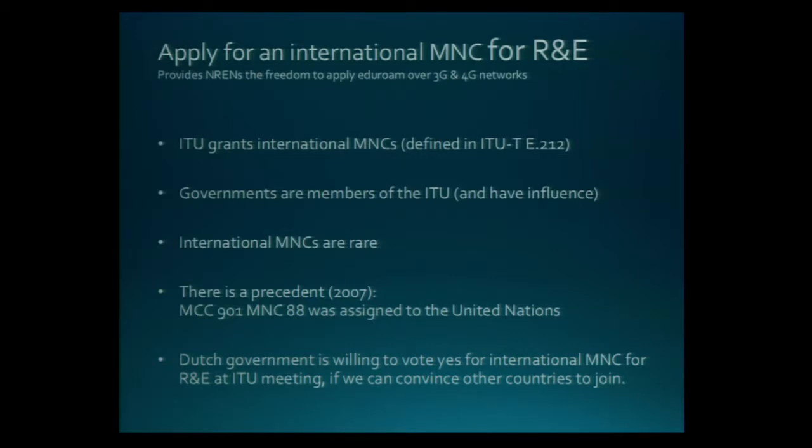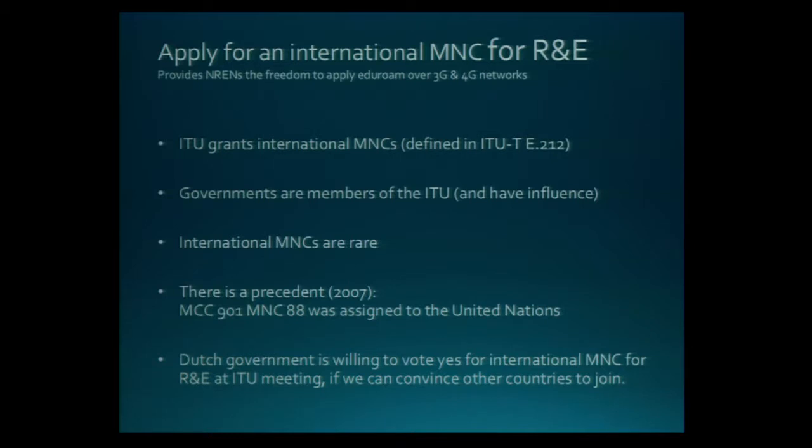So how do we get an international mobile network code? Well, it is granted by the ITU, and that's the only place that can give it to us. Who are the members of the ITU? Our governments. Our government is a member of the ITU and has a vote for an international mobile network code for the NREN community.